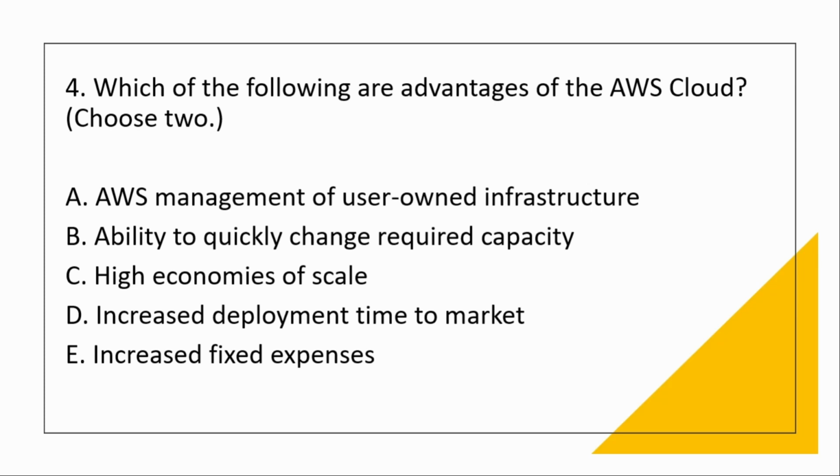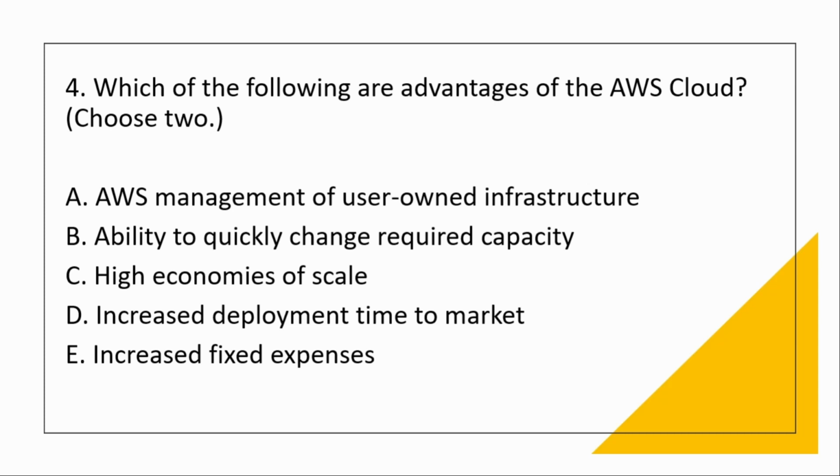High economies of scale. Why? Because you have pay as you go pricing. So yes. Increased deployment time to market? No, it is decreased deployment time to market, right? Earlier in the part 5 series, we saw one question which said that 3 to 4 weeks it used to take when it was on premises, and when they migrated to AWS cloud, it takes 2 to 3 days. So definitely it has decreased, not increased.